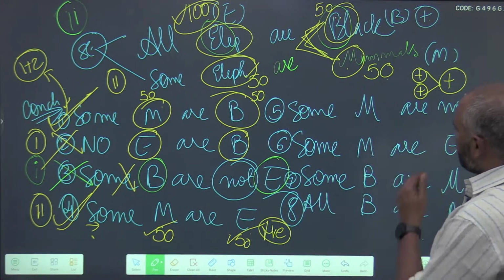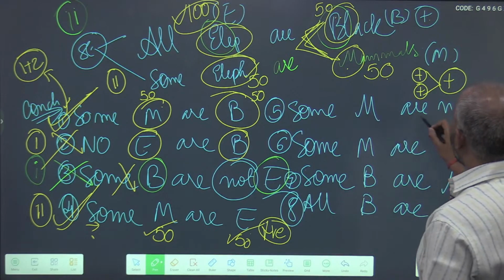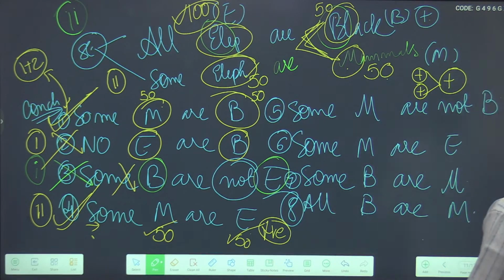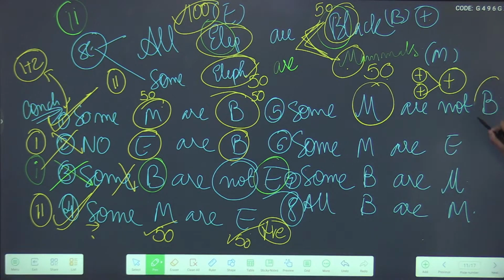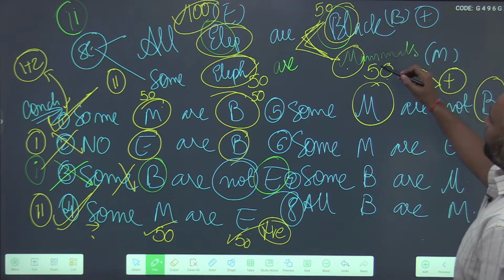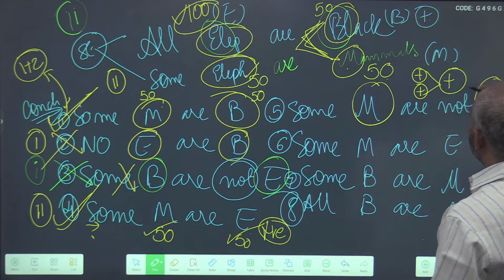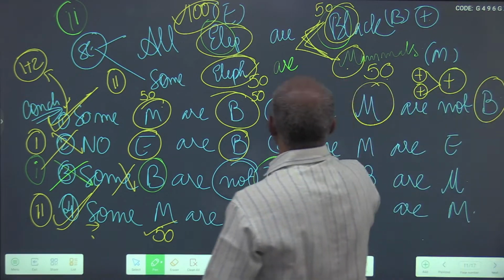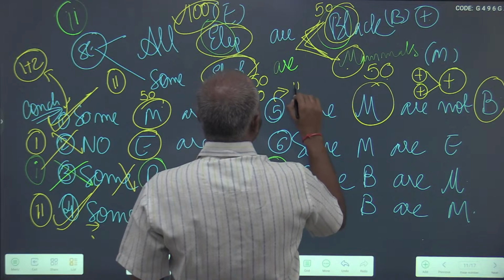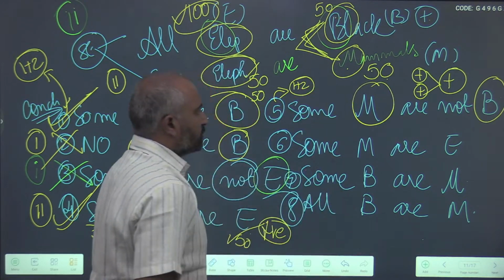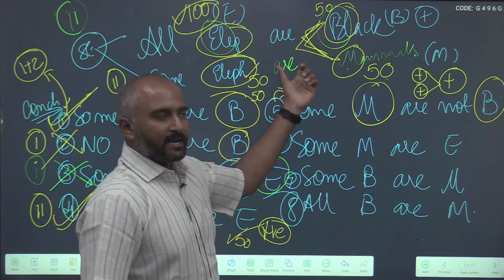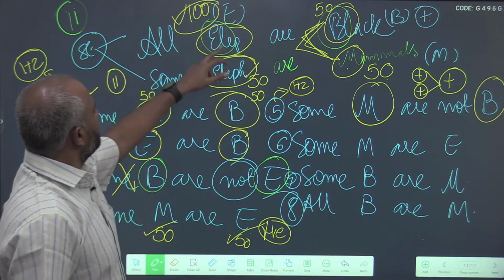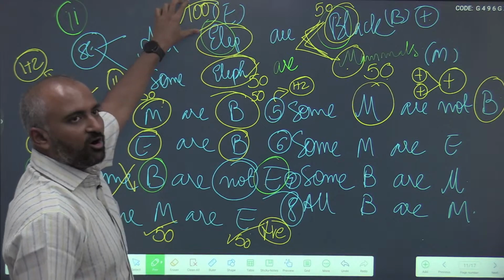Now come to statement 5. Some M are not B. We are seeing a relationship between M and B. They are there in statements 1 and 2, so I will derive the conclusion from a combination of statements 1 and 2. Can I form a connection? Yes, because the common element E has a value of 100 at least once.